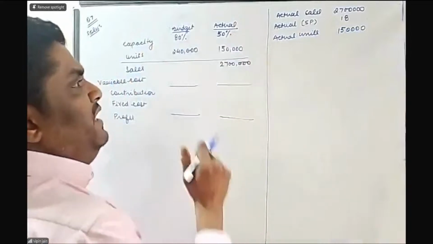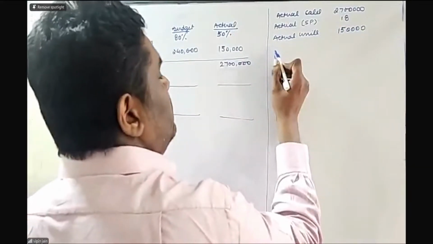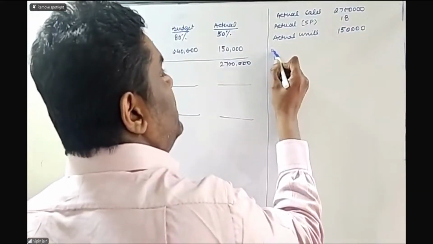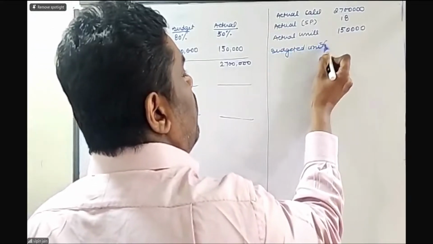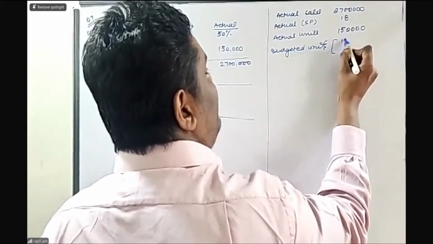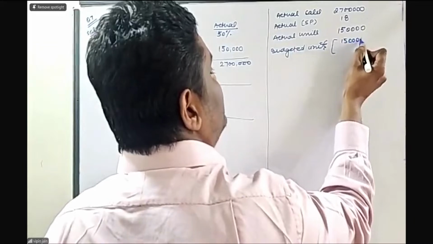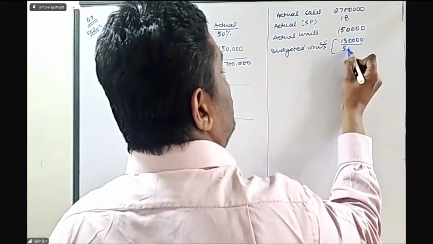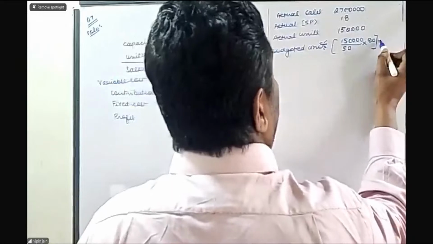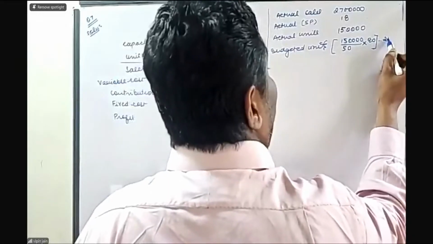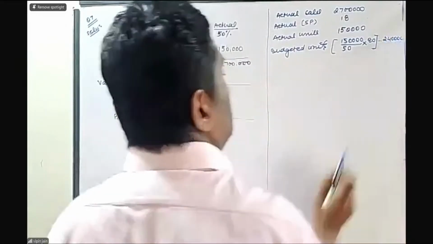This is at my budgeted 50% capacity. So my budgeted units will be, see, 1,50,000 units are at 50% capacity. So for 80% capacity, it will be 2,40,000.